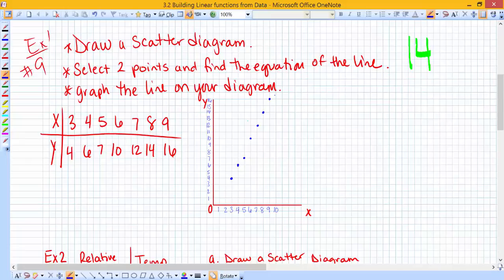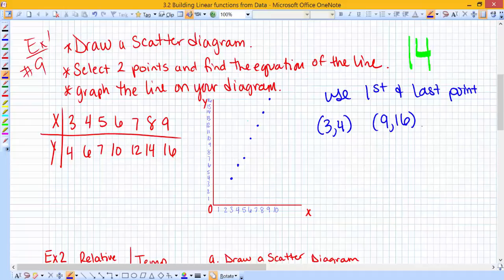That's pretty good. Now it says select 2 points and find the equation of the line. When selecting your 2 points, you're going to use the first and the last point. So I am going to use 3, 4 and 9, 16. So to find the equation of this line, first I have to find the slope.